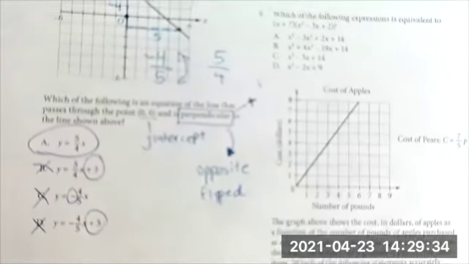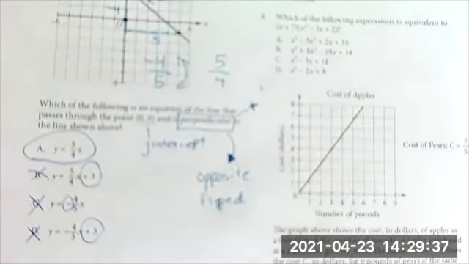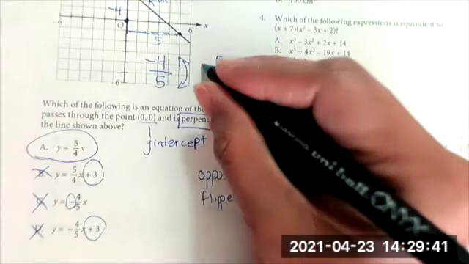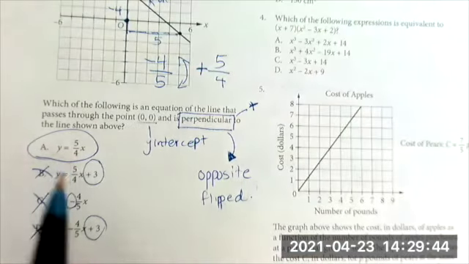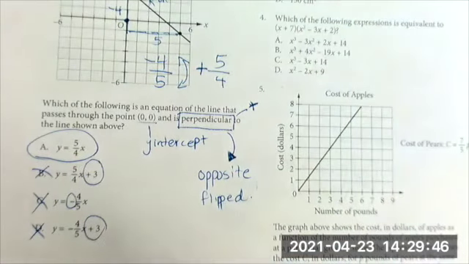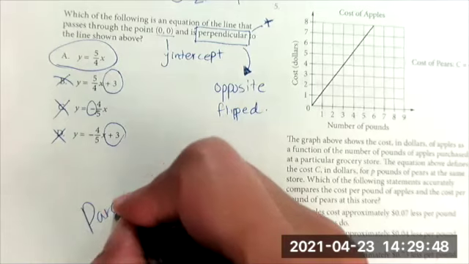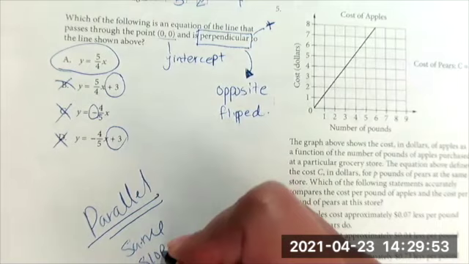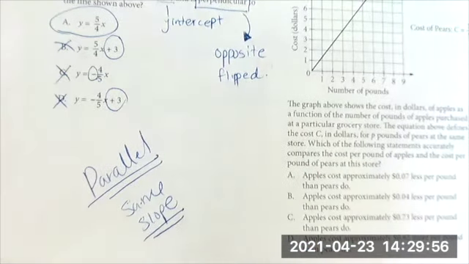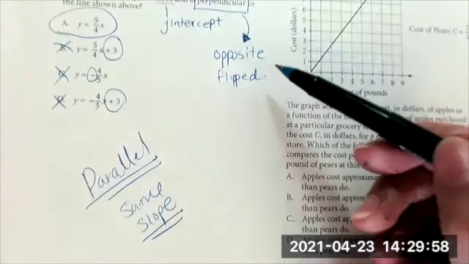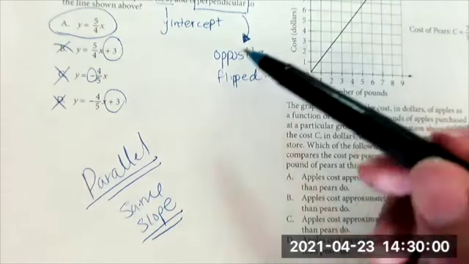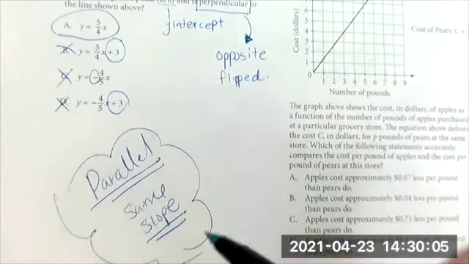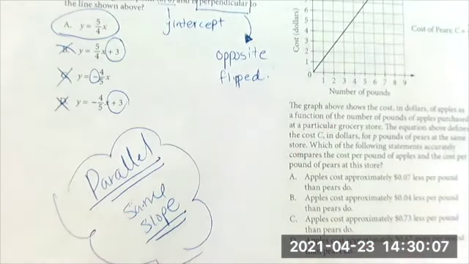Remember, it is opposite, so that means that it's not going to be negative. It is going to be positive. So that's why we flipped it, and it's 5 over 4. Just a little hint here for parallel: it is the same slope. So for perpendicular, it's the opposite and you flip it. For parallel, we keep it the same. So keep that in mind, just in case they do give you a parallel slope.